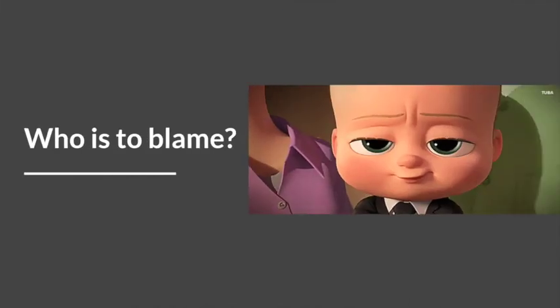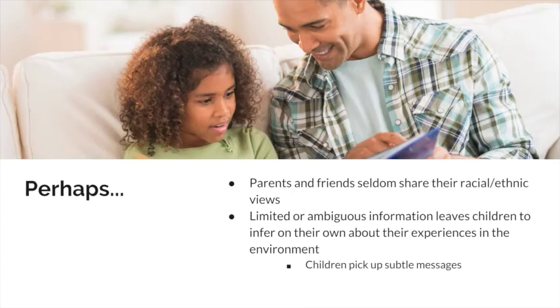Researchers have looked at the transmission of racial attitudes within families, but have not found clear correlations between parents and children's attitudes. Studies suggest that perhaps parents and friends rarely show their racial and ethnic views or are reluctant to address the subject. Given the situation where children are provided with limited or ambiguous information, children seem to fill in the gaps with their experiences in the environment.